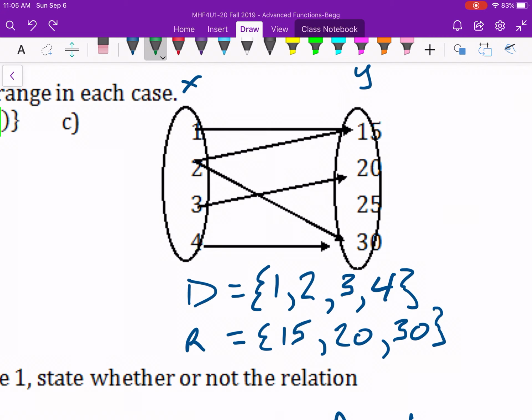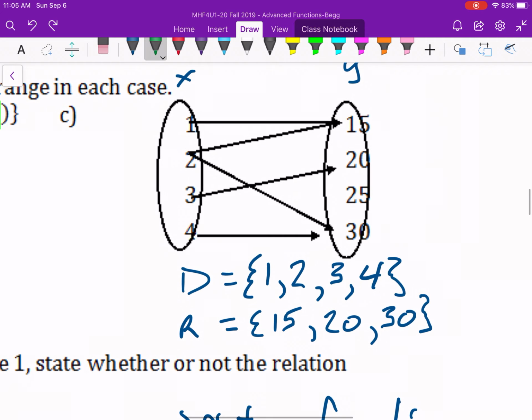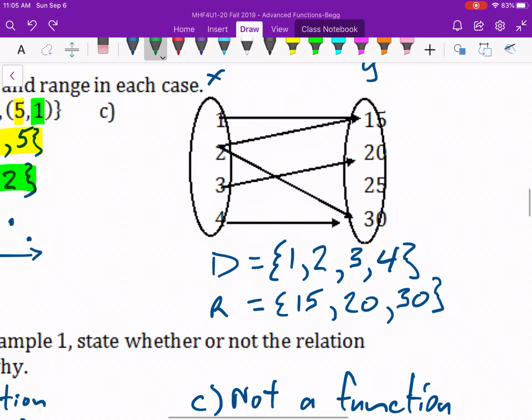We've got the ordered pair 2, 30, because there are 2 arrows coming out of the 2 going to different y values. And so the input is the domain again, and it's 1, 2, 3, 4. The range is 15, 20, 30. Notice how 25 is not part of the range. Yes, it's there on the picture, but there's no arrow coming to it, so 25 is not part of the range.